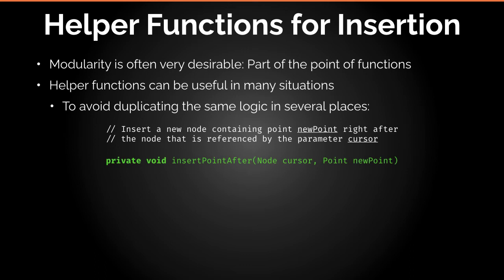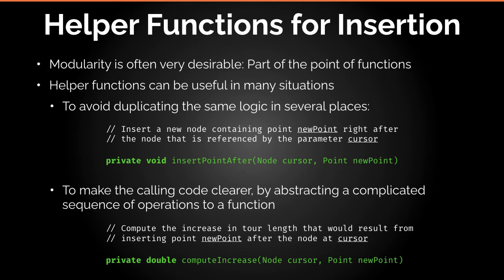Another way that helper functions are going to help me out is to make my code clearer to understand, even if I don't have the same thing happening several times. An example of this is in the smallest increase insertion.